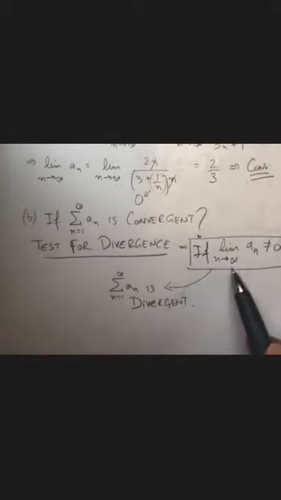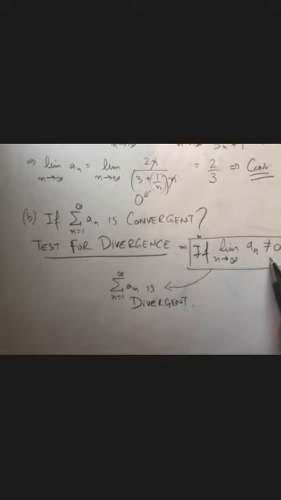So if the limit as n tends to infinity of a_n is not equal to 0, this means the series is divergent.